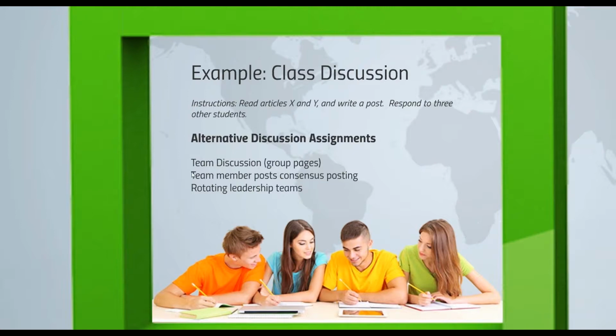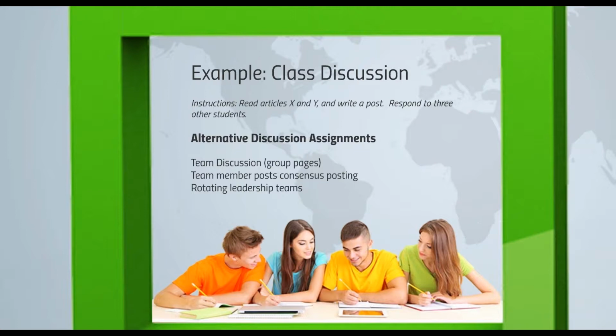Another option, a team member posts consensus posting. That sounds very confusing. Let me explain that. So what this concept would be is you form the students into groups. So it could be group do, re, mi, and fa, 4 different groups. And then you have a class discussion, but each group is responsible for, instead of posting a whole bunch of posts throughout the week, they're responsible for 1 post that they draft among each other.